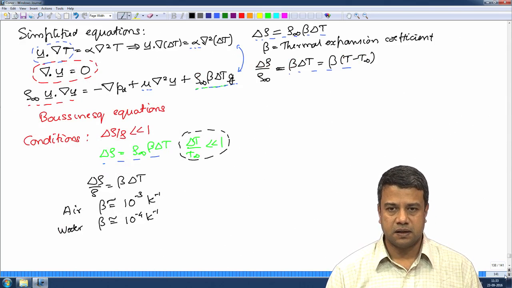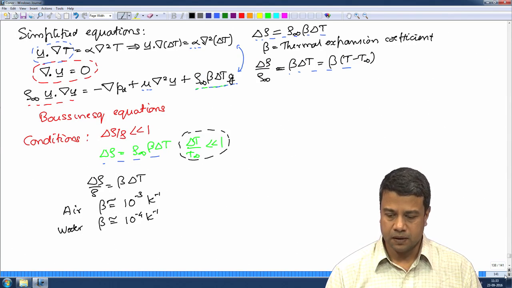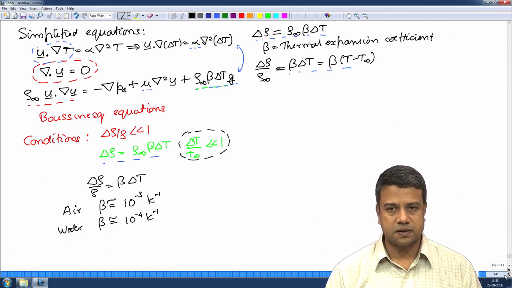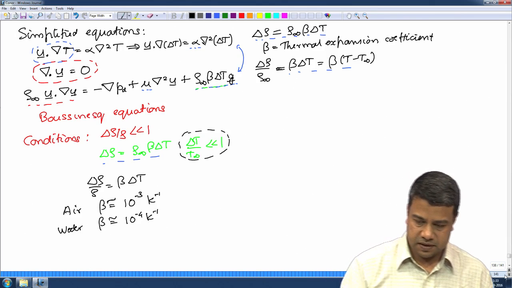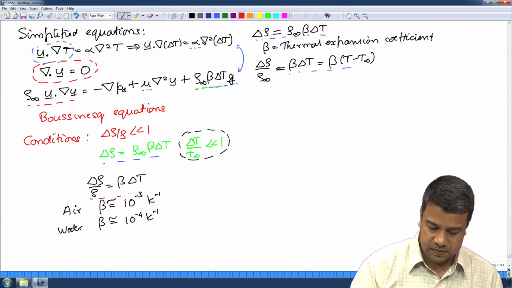First, in the mass conservation equation and in the inertial term in the momentum conservation equation, we assume density is a constant. That constant density is the ambient density. This approximation is valid if the change in density is small.